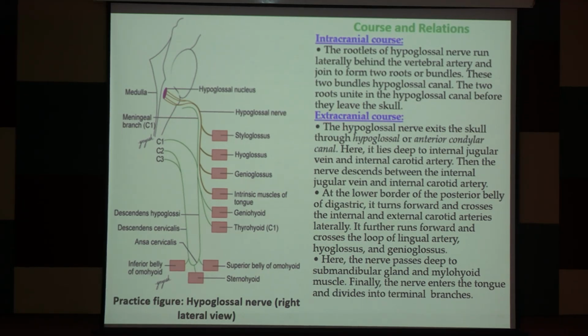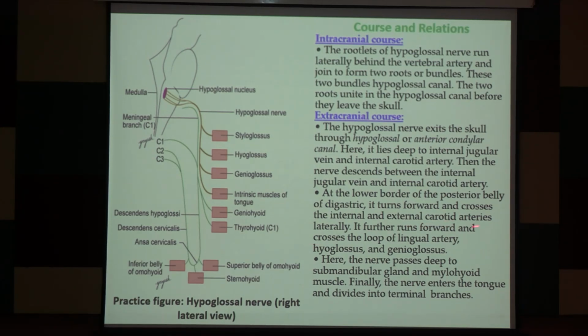Next, the extracranial course. The nerve exits the skull through the hypoglossal or anterior condylar canal, and here it lies deep to the internal jugular vein and internal carotid artery. Then the nerve descends between the internal jugular vein and internal carotid artery. At the lower border of the posterior belly of digastric, it turns forward and crosses the internal and external carotid arteries laterally.